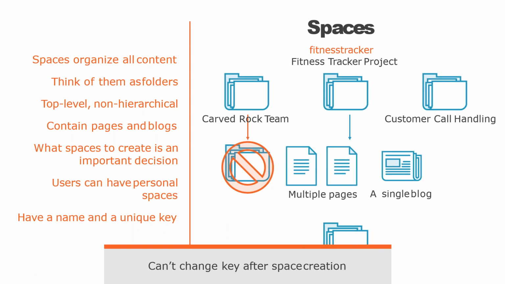By the way, every user also gets their own space, one personal space. You can also correlate this to something like a company organization. So inside a space you manage all the pages.